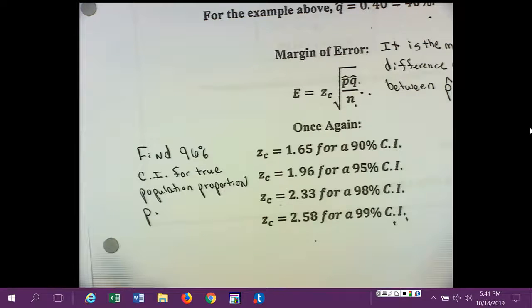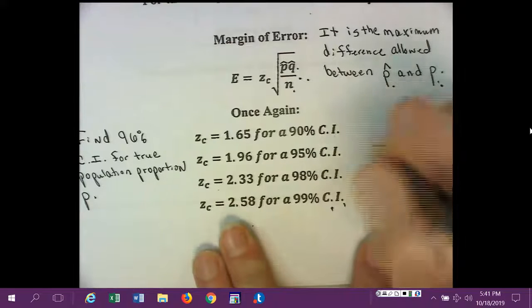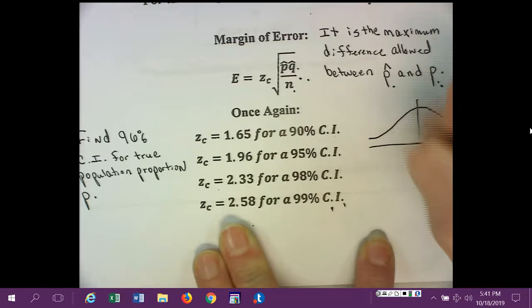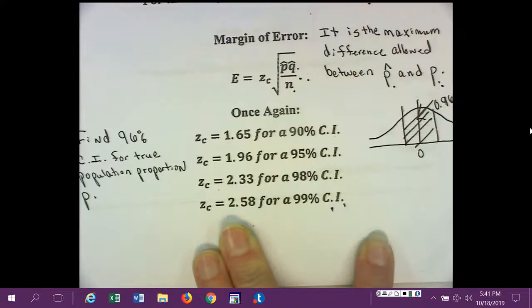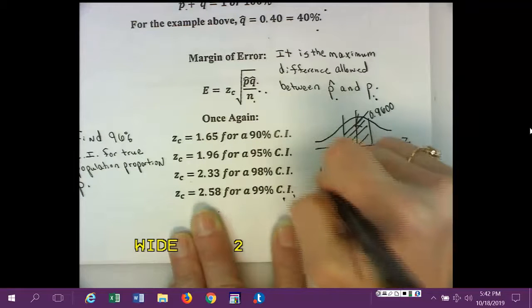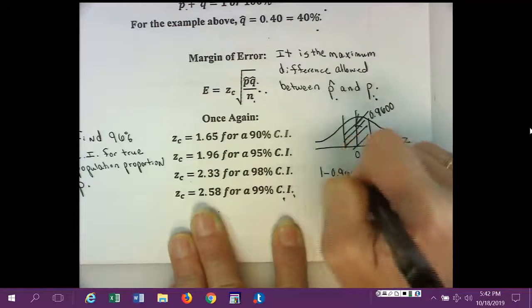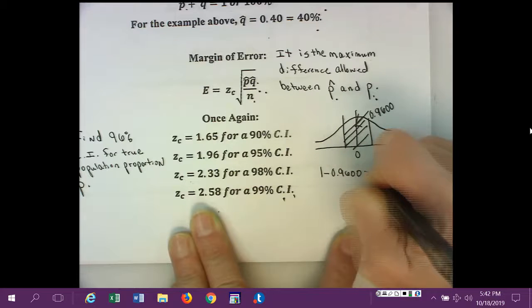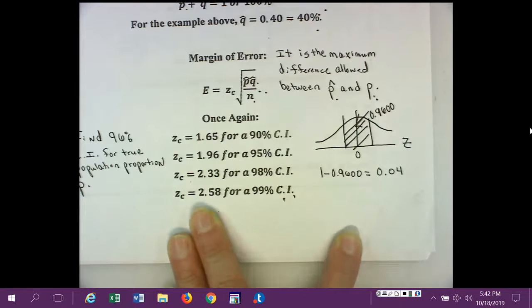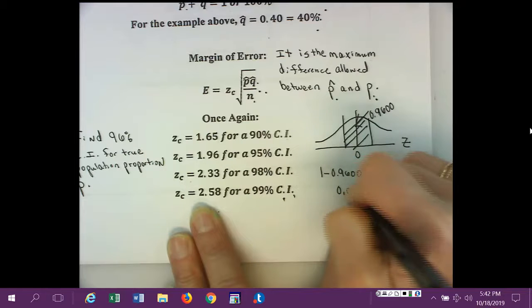The same procedure applies. You would draw your z-axis, bell-shaped curve, shade the middle 96%, and you would see that 1 minus 96% is equal to 4%. We have 4% left over. Each tail would be half of that.